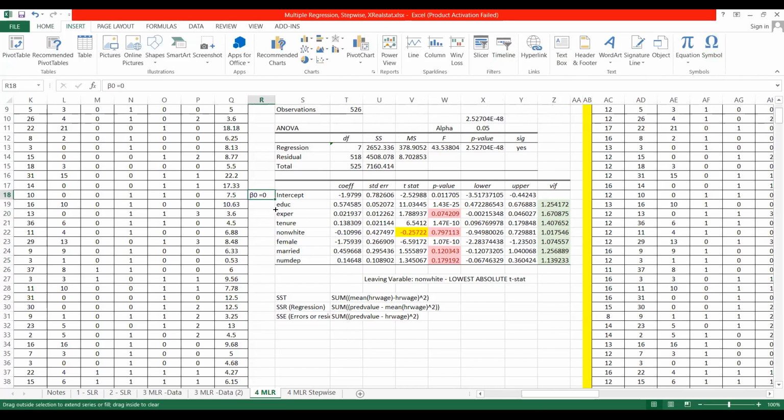So this is wrong. This is beta 1 is equal to 0. Okay?